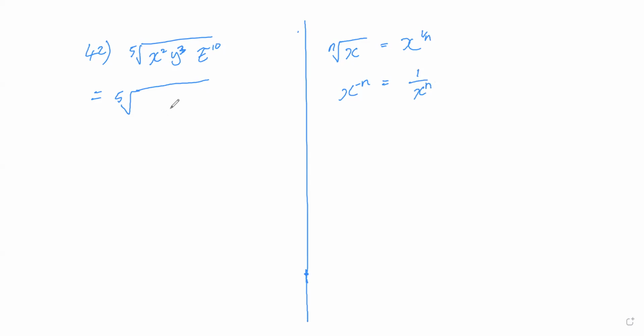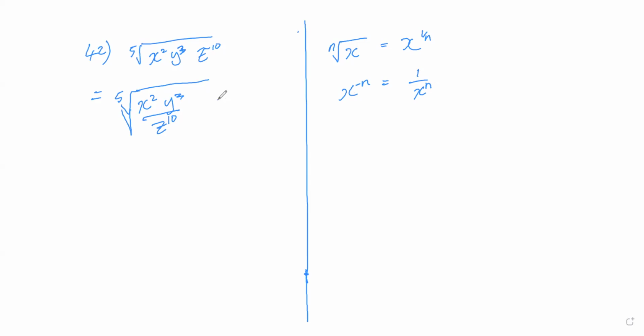So this becomes x squared y cubed divided by z to the 10. Our z comes to the denominator following this law, and its exponent becomes positive.